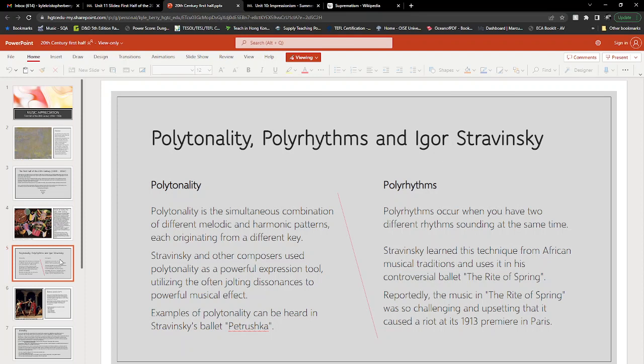If you all of a sudden hear 2 contrasting keys overlaid with each other, it can be highly unsettling. It can be a very powerful jolt for the listener. In Petrushka, Stravinsky's ballet, we see this especially. There's lots of polytonality in there, and I have some listening examples at the end that you can check out. But again, it's really unsettling.